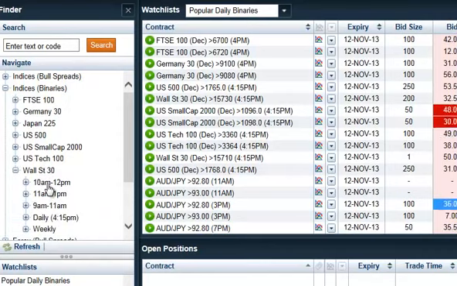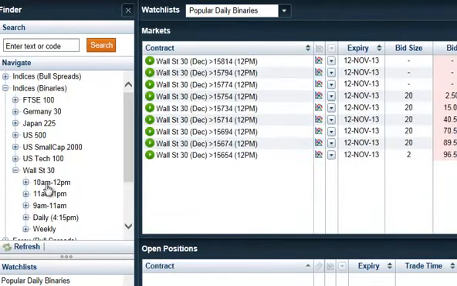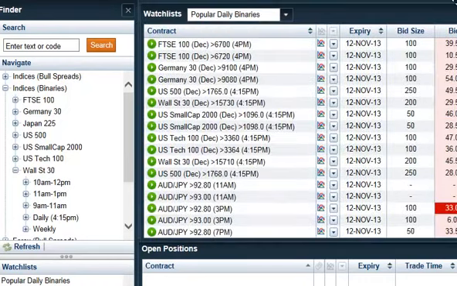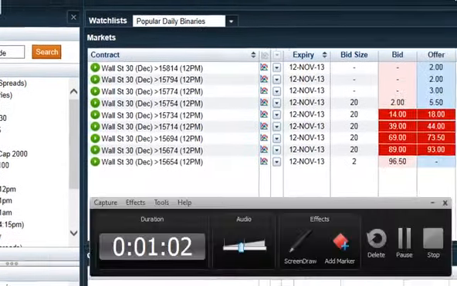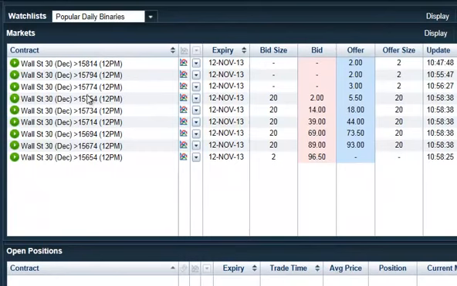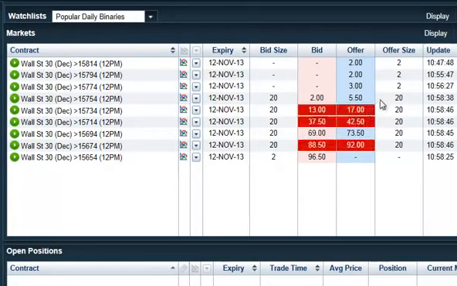You can see that I'm doing this video as of 10:58 in the morning. If I click on the 10 to 12 p.m., you can see that there's different options here for the trade to expire at 12 o'clock.